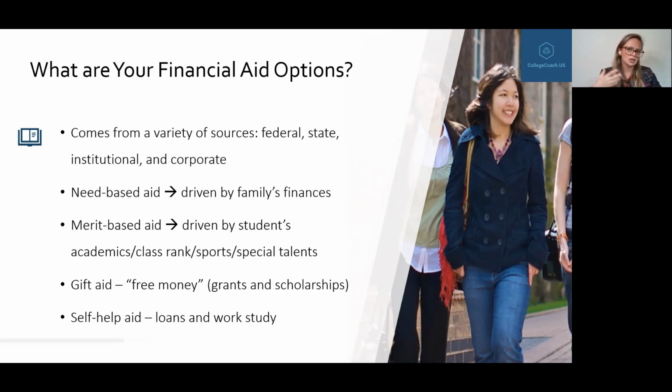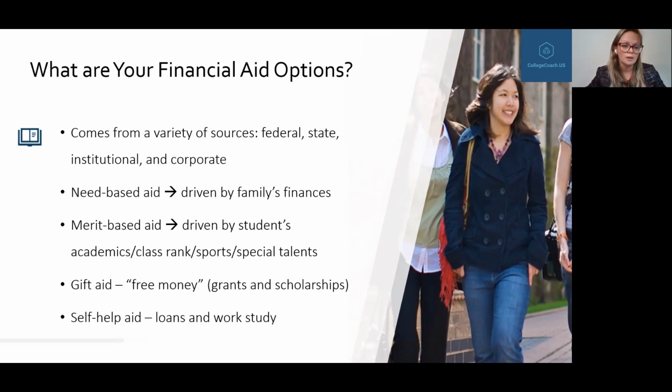Dunkin' Donuts has scholarships, Starbucks, Google, Amazon. All these companies have scholarships that they give to students to go to college. There's also some local scholarships. There's local organizations, cultural organizations that give outside scholarships.